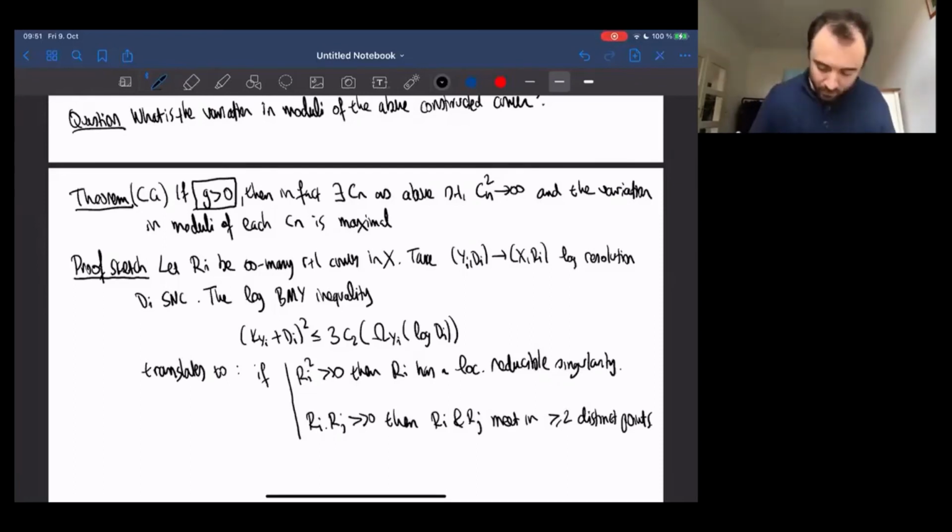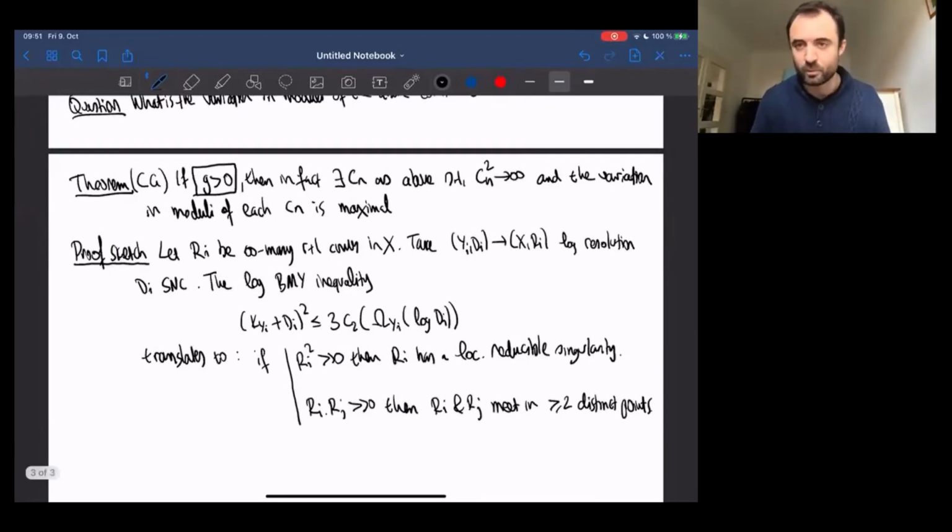Okay, so now if you know that one rational curve has a locally reducible singularity, or that two of them meet in at least 2 points, then you can degenerate these to something of higher genus, in fact something of higher genus which has maximal variation in moduli.